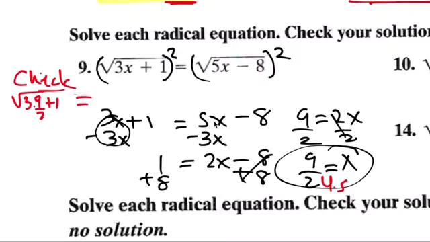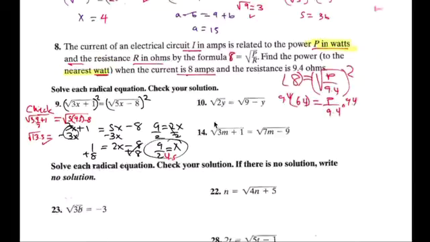Is that the same as the square root of 5 times 4.5 minus 8? 27 over 2 is 13.5. Yeah, you'll get 13.5 for both. It'll work.